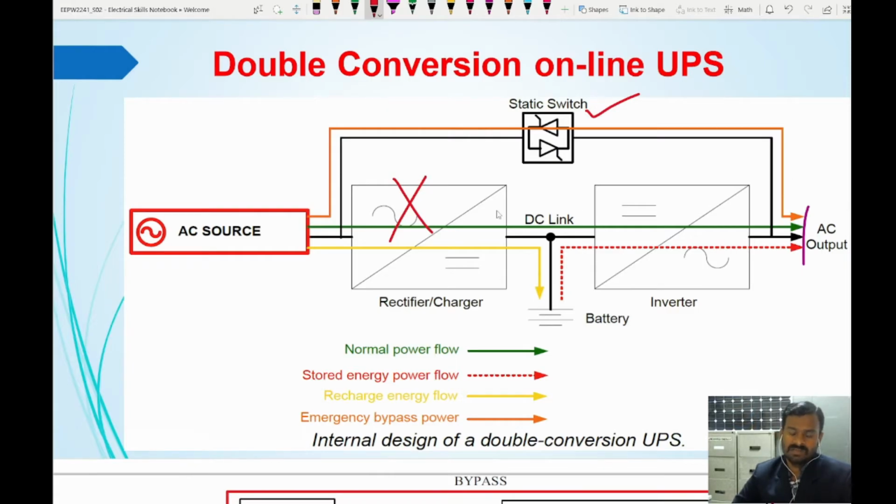That's why it is called a double conversion UPS. In case of power failure, the DC is converted into AC in the inverter and fed to the load. So that means 100% of the AC source will be converted into DC, and again the total DC power will be converted into AC power, and it will feed the AC load.